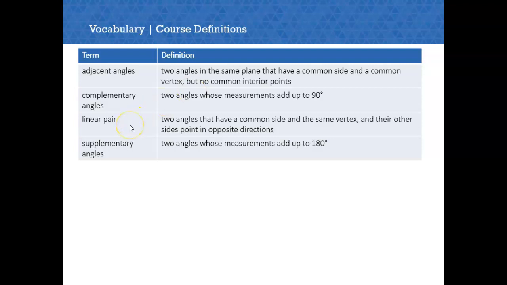A linear pair are two angles that have a common side and the same vertex, and their other sides point in opposite directions. Complementary angles are two angles whose measures add up to 90 degrees, and supplementary angles are two angles whose measurements add up to 180 degrees. These are the definitions that we'll be using in the lesson and the unit.